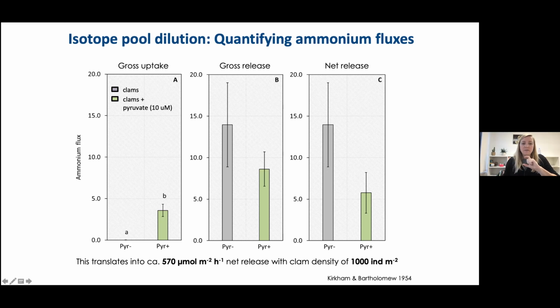And so we could quantify how much ammonium would be released if these rates are really representative of what's happening in the environment, and show that there is large potential for ammonium production and release by lucinid bivalves to the surrounding environment. And it's probably based on the nitrogen fixation capability of their symbionts.